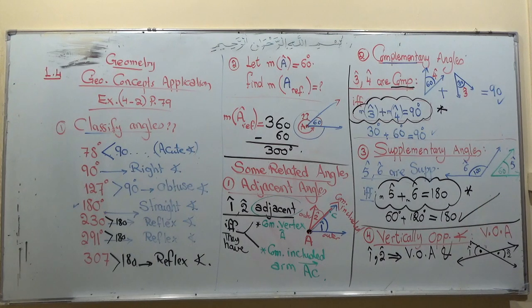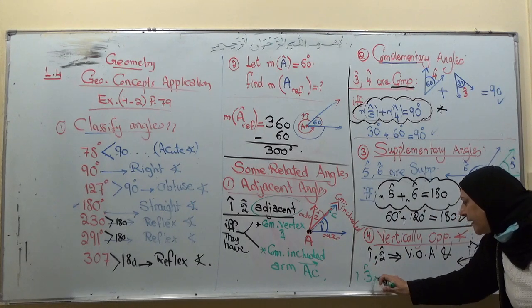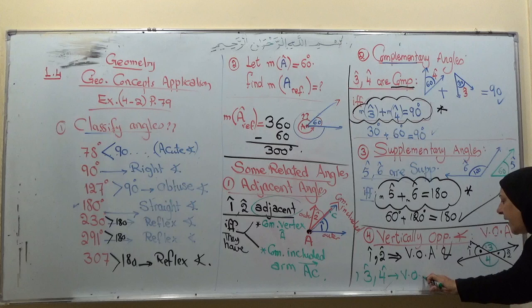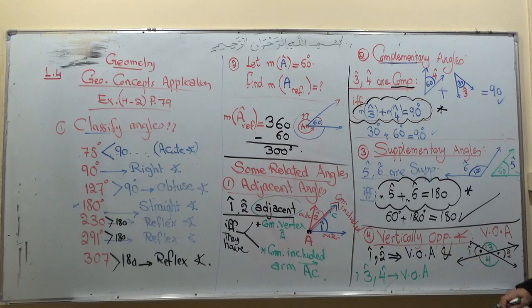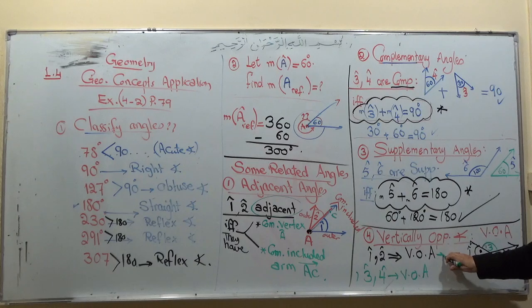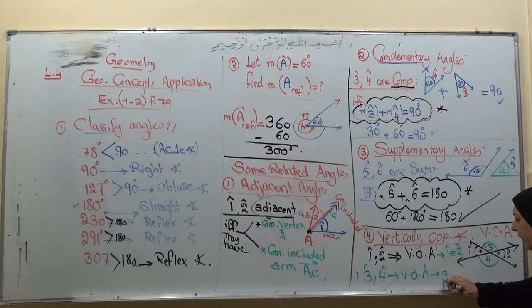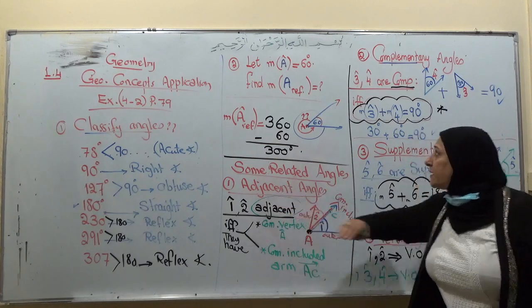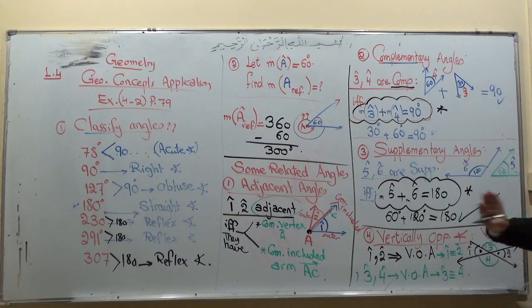Also angle 3, the green one, and angle 4 are a pair of vertically opposite angles, and they are equal. We can write here angle 1 is congruent to angle 2, and angle 3 is congruent in measure to angle 4. These are the 4 related angles: the adjacent, complementary, supplementary, VOA.